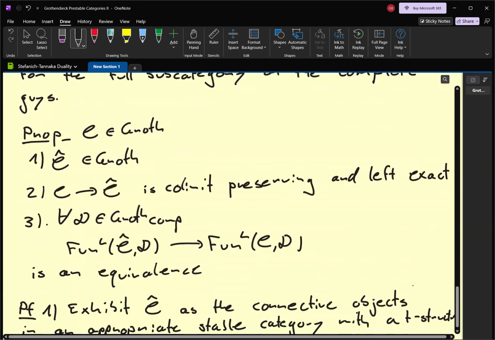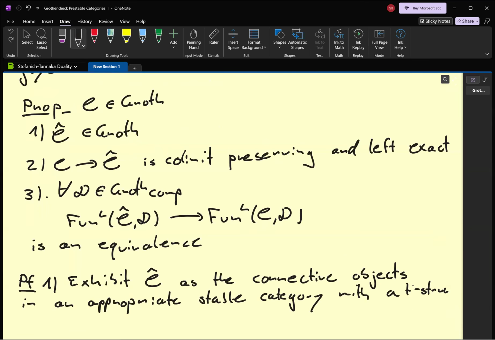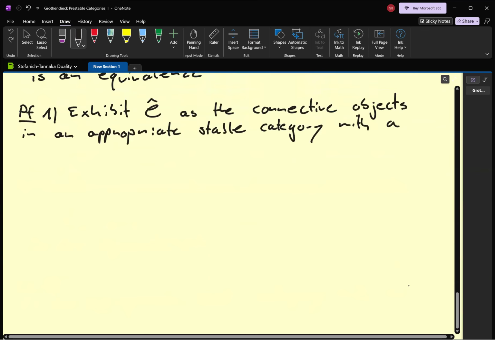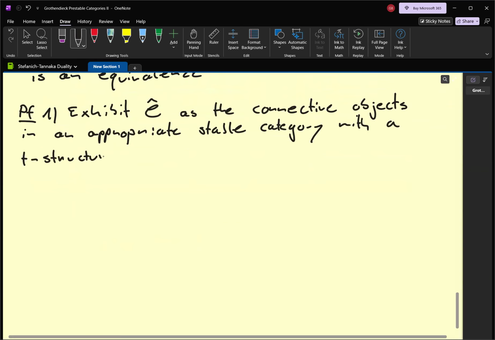Oh, I'm sorry, this should not happen with a T structure.